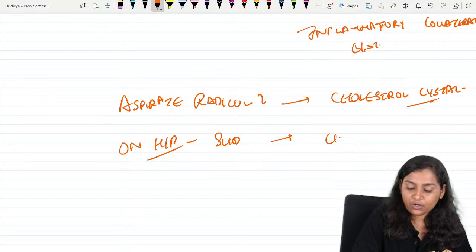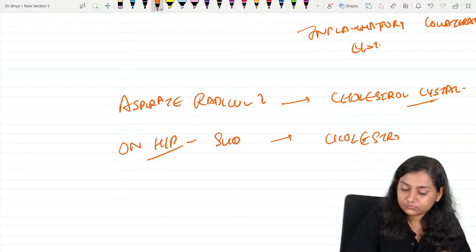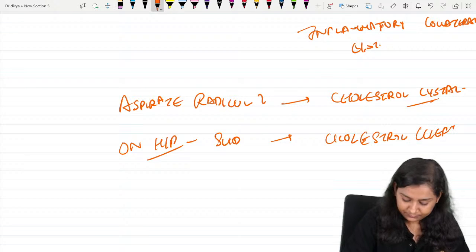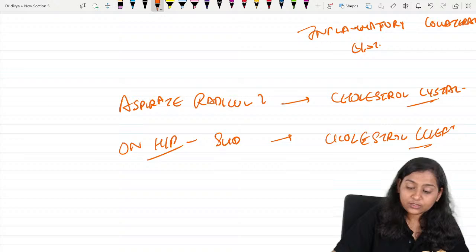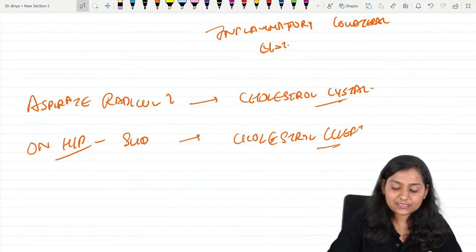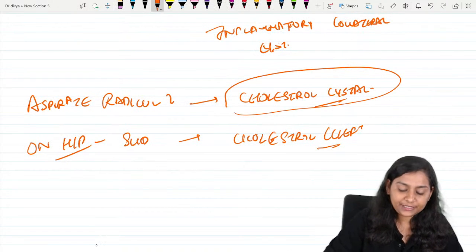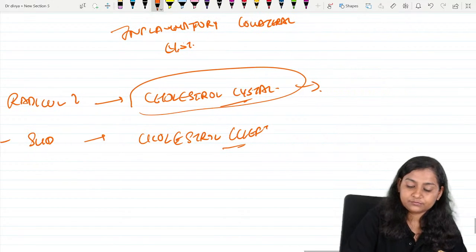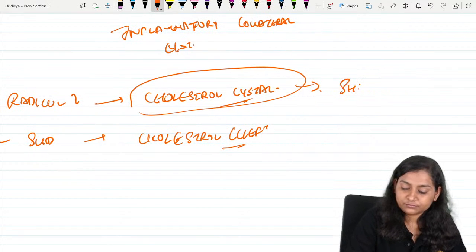We see cholesterol clefts. Now, these cholesterol crystals impart a shimmering effect.